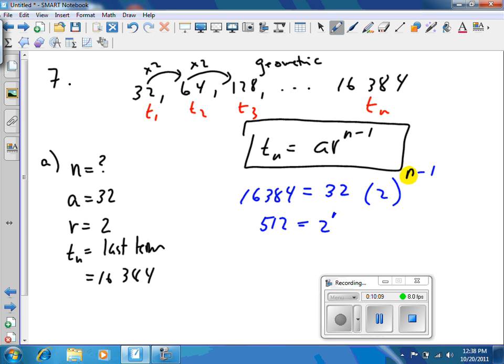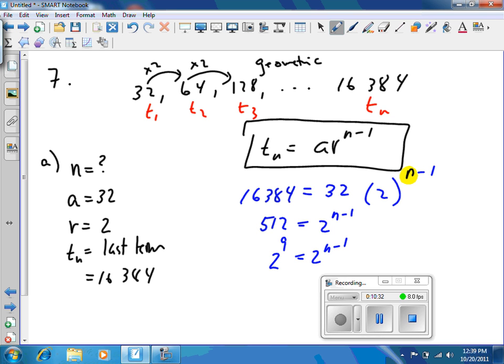And I recognize that 512 can be written in base 2. If you don't recognize that, you would have to take the log of both sides. But I recognize that it's 2 to the something: 2 to the 9th.